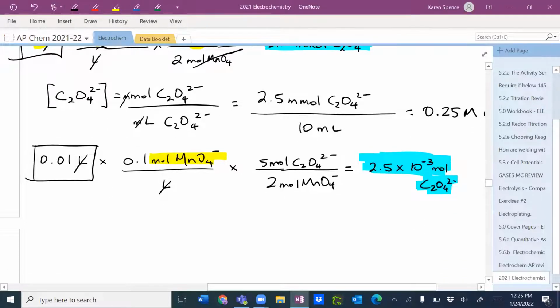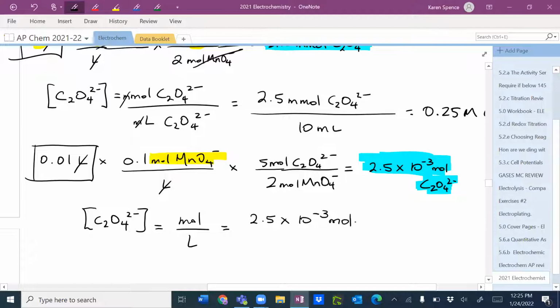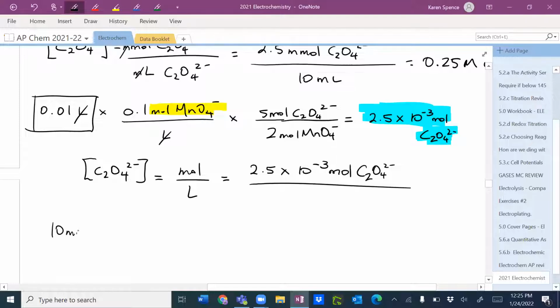And then you would do your concentration of C2O4, and instead of worrying about milli over milli, you would just do moles over liters. And so that's going to be 2.5 times 10 to the minus 3 moles C2O4 2 minus, divided by, and we had 10 milliliters, which is 0.01 liters.